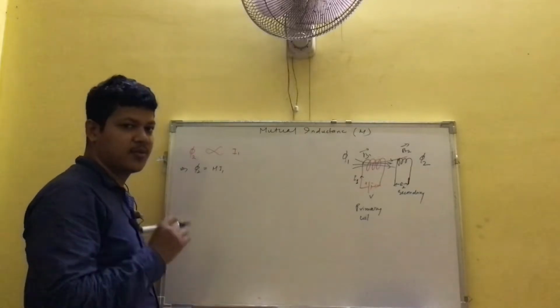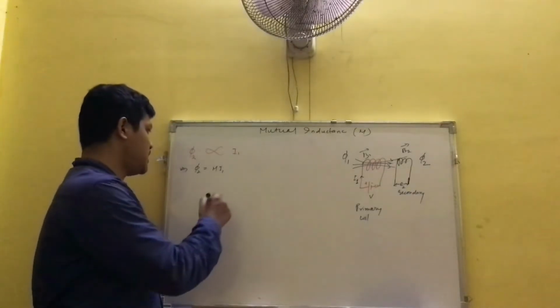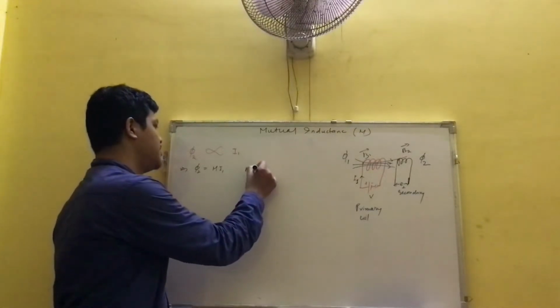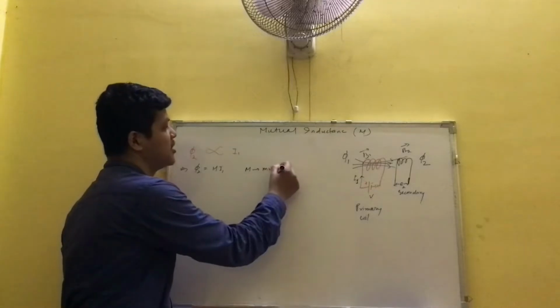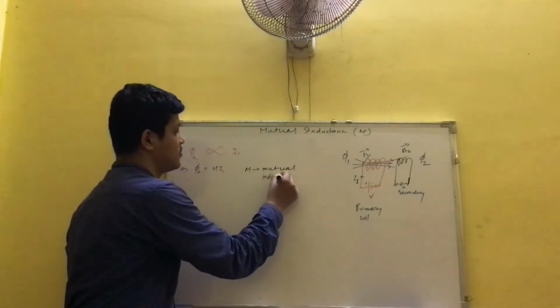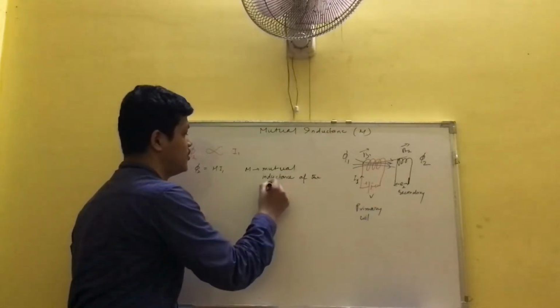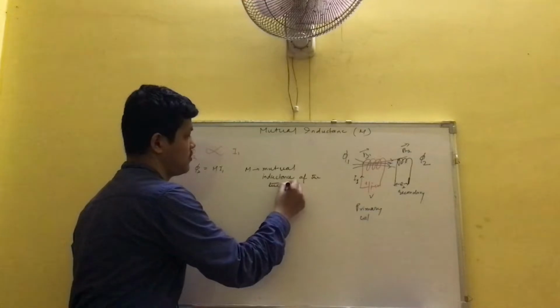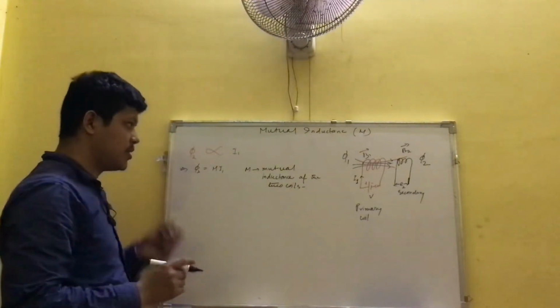So this is the form, right? Now here you can say M is the mutual inductance of the two coils.